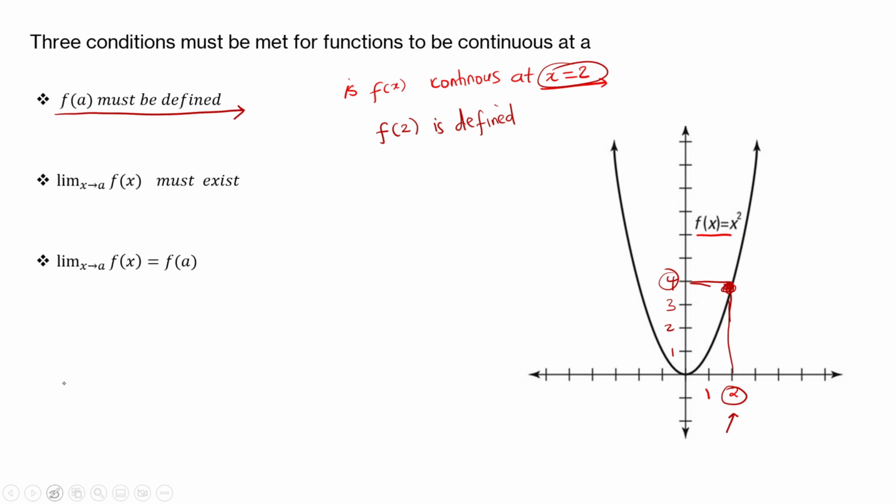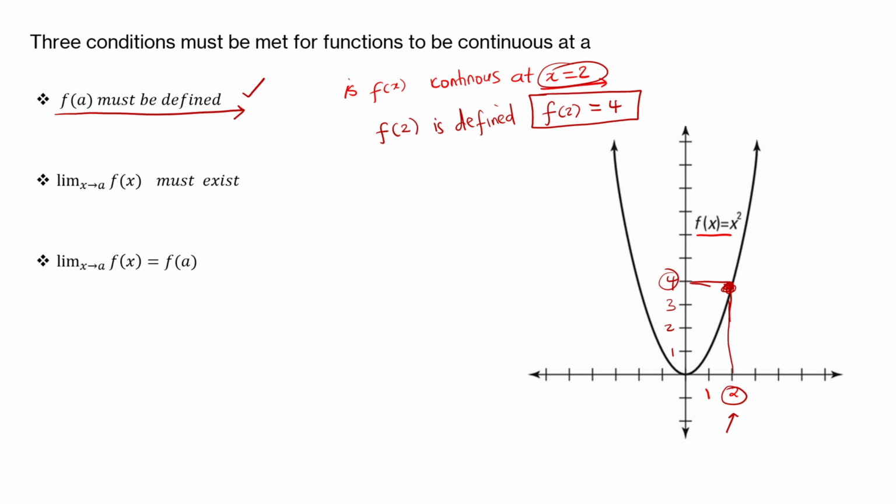In this case, we're evaluating continuity at x equals 2, so when you put x equals 2 on the graph, you see that it aligns with y equals 4. So we say f of 2 is defined. And if they ask what the value of f of 2 is, you can just say f of 2 equals 4. This is the y value that you get when x equals 2. So that's the first condition and it is met.